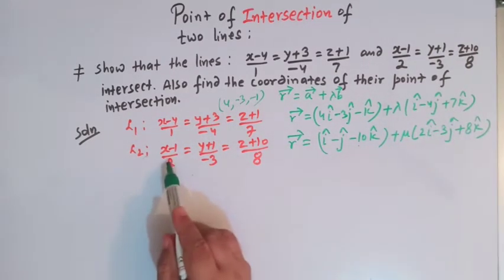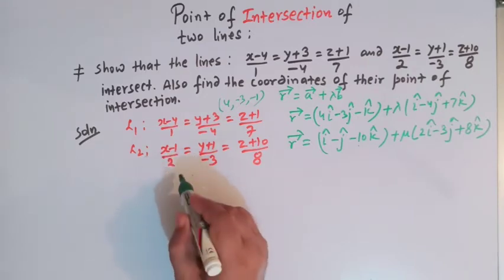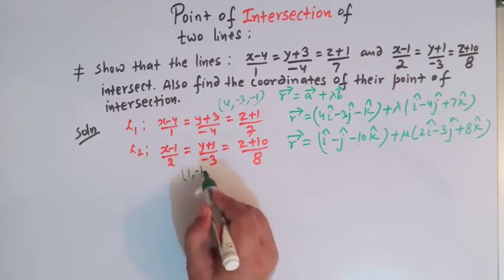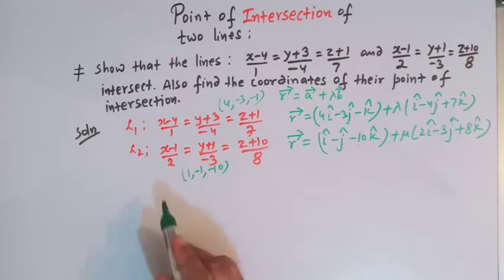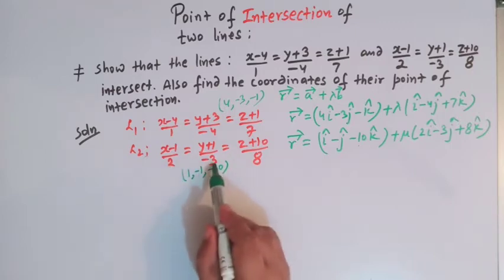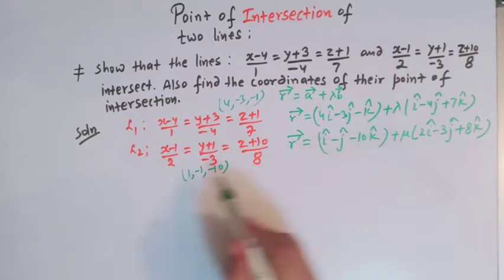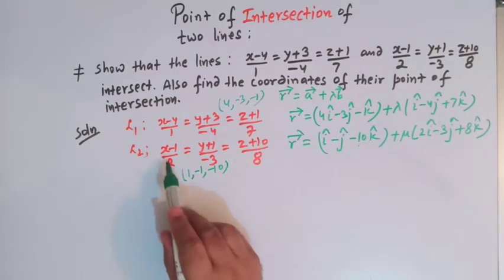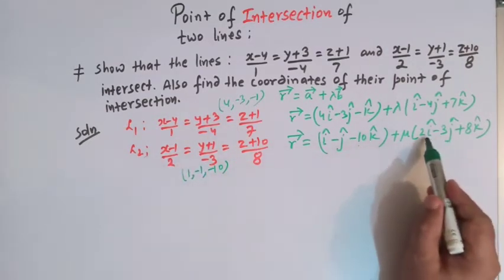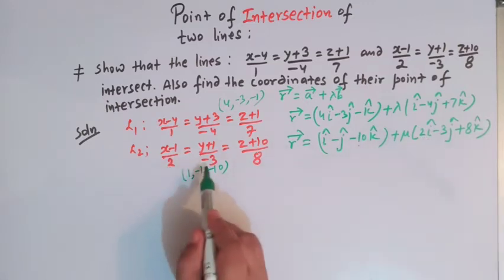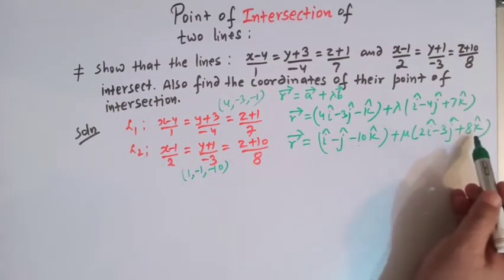The second line passes through the point (1, minus 1, minus 10), and the DRs are 2, minus 3, 8. In other words, this line L2 is parallel to the vector 2i cap minus 3j cap plus 8k cap.